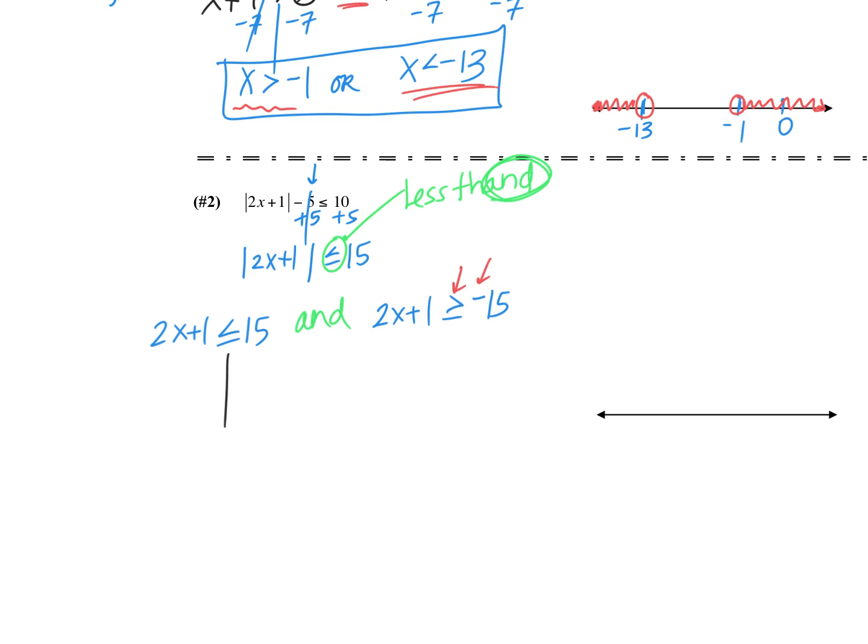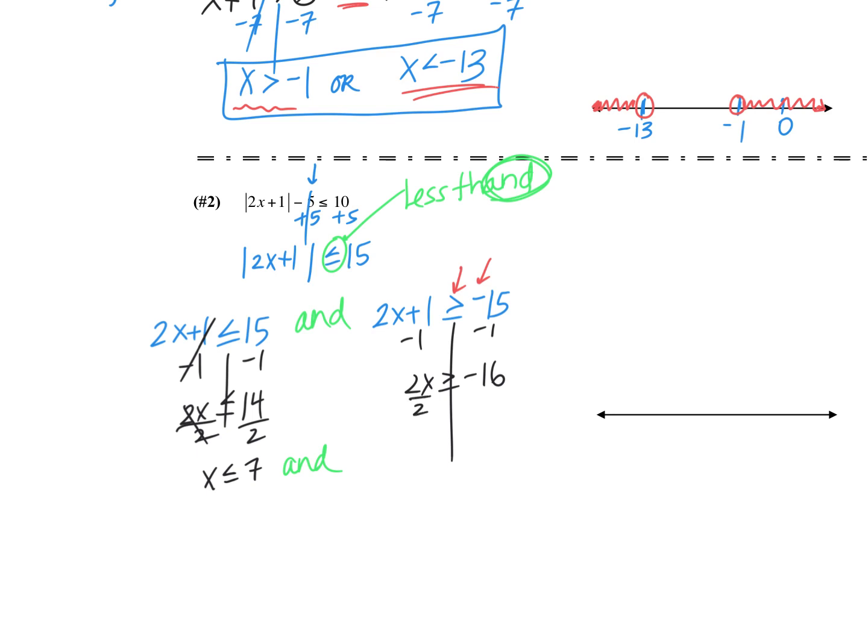So when I solve, first step, I'm going to take away that 1, good. 2x is less than or equal to 14. I divide by 2, so x is now less than or equal to 7. That's part of my answer, and we also know when I solve this next one, when I take away a 1 this time, I get 2x is greater than or equal to -16.